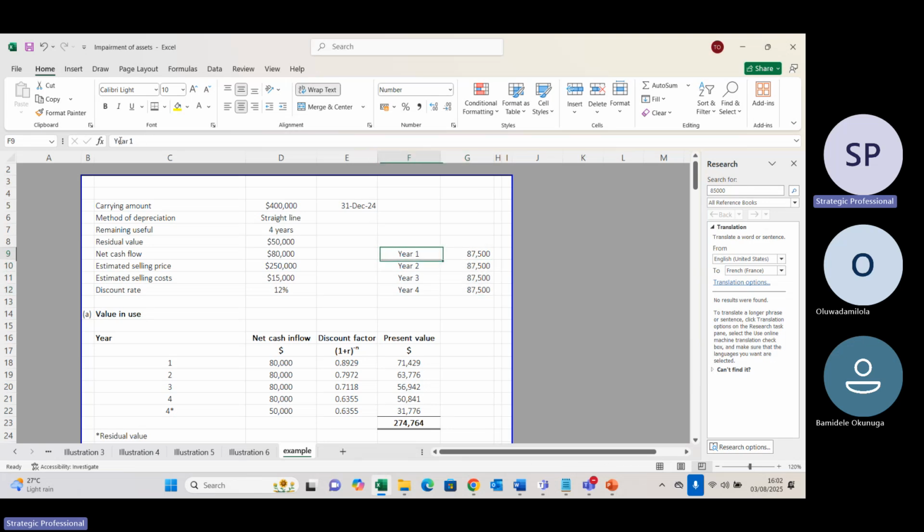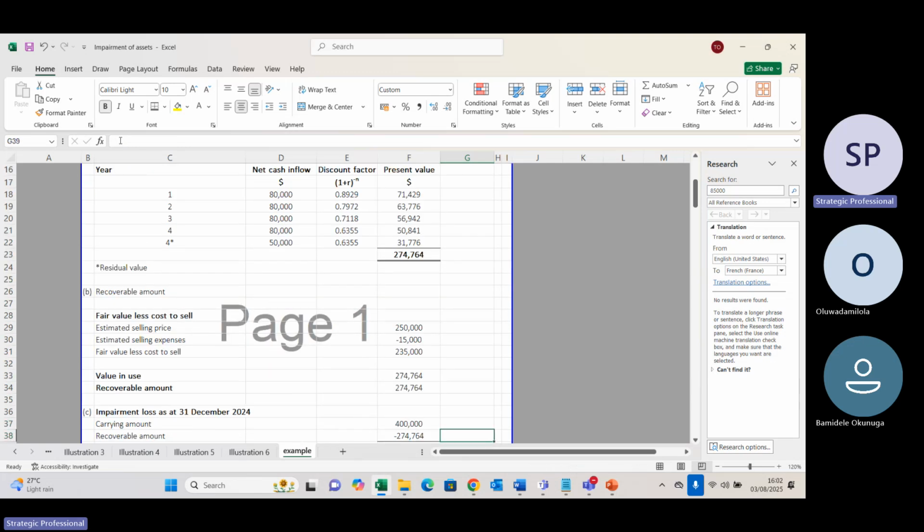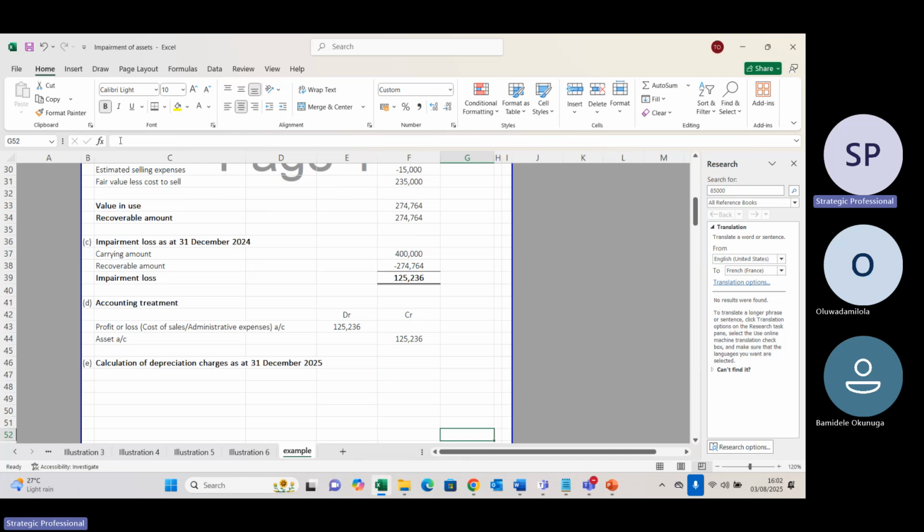So when we look at this now, 7,500. Now, do you think that this depreciation value would remain the same after impairment has occurred? Yes or no? If it's yes, why? If it's no, why?